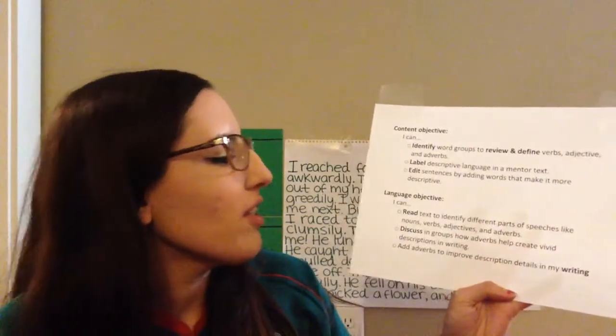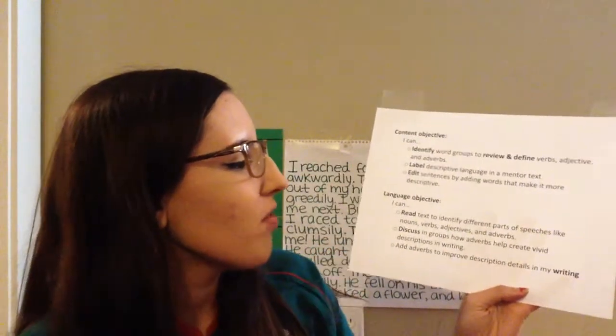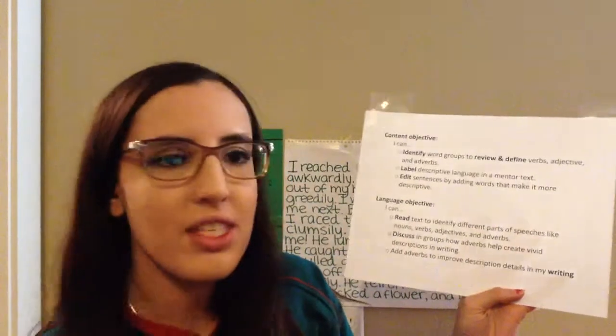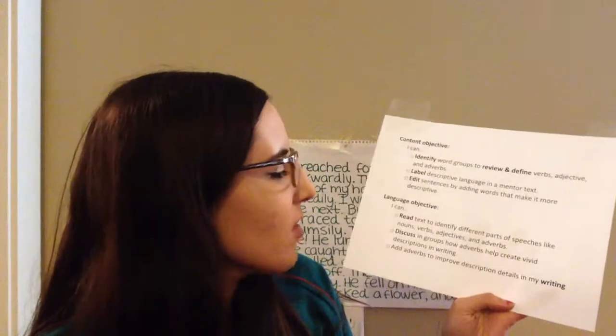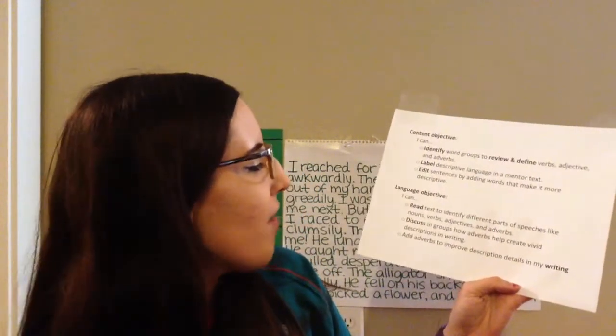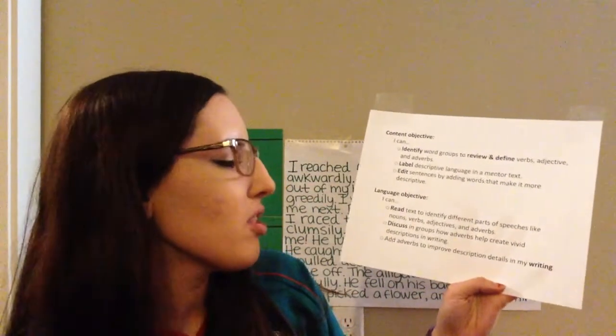Next we have our language objectives. The first one says I can read text to identify different parts of speech like nouns, verbs, adjectives, and adverbs. That means that you're going to be reading and finding words like adjectives, nouns, verbs, and adverbs. Next, we have I can discuss in groups how adverbs help create vivid descriptions in writing.